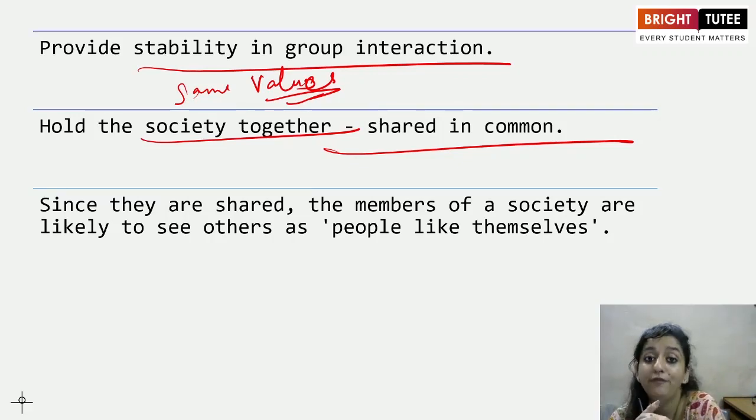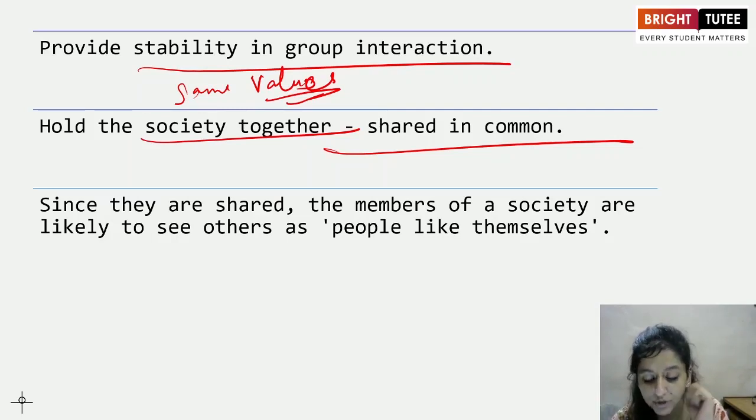But if all of you have similar social values and practice non-violence, for example, then it will help all of you hold together, all of the society being held together.